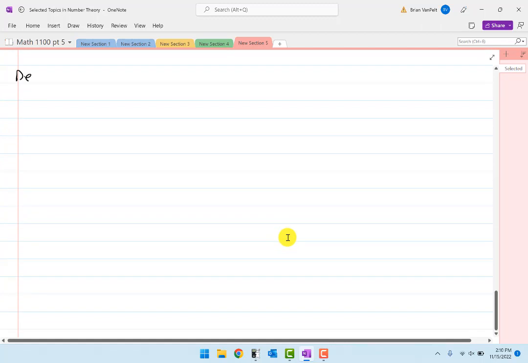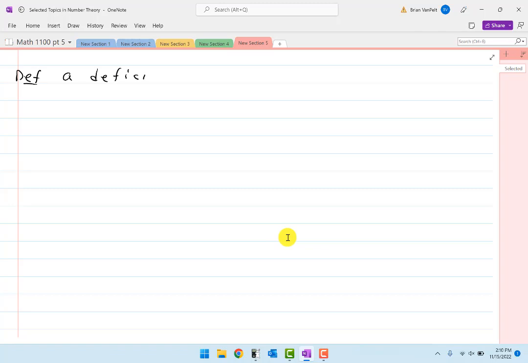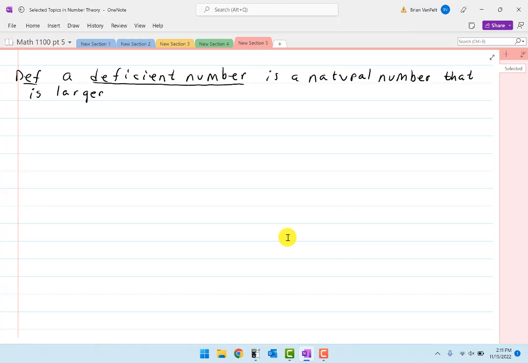So let me write the definitions of these things. A deficient number is a natural number that is larger than the sum of its proper divisors.